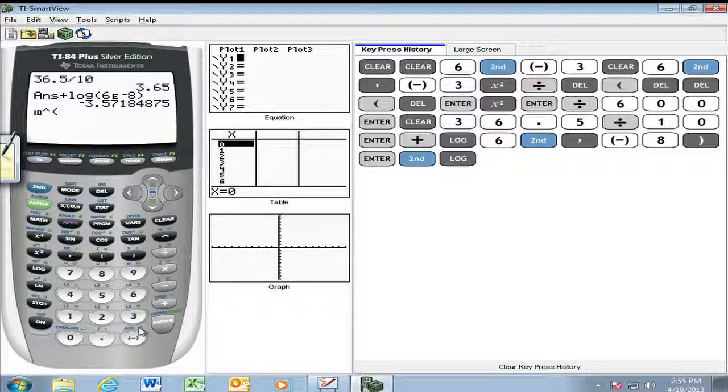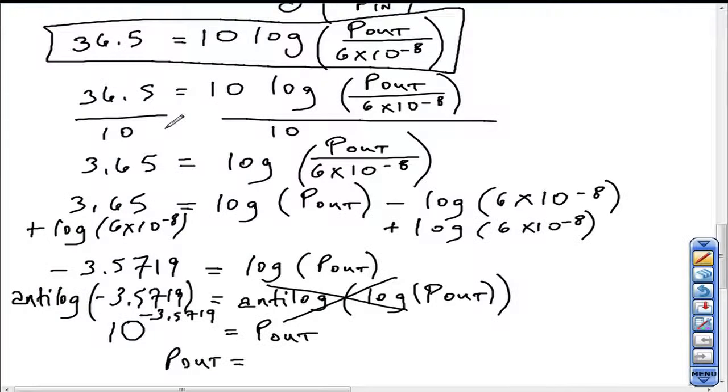In order to get your answer, if you've got a TI-84, you're just going to go second, and then notice your answer is a subfunction, and then close those parentheses. And if you do it right, you should end up with 2.68 times 10 to the negative 4 watts. What do you mean watts? Let's think about, why is this watts?